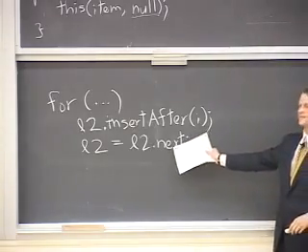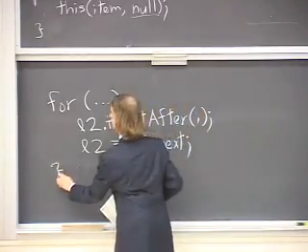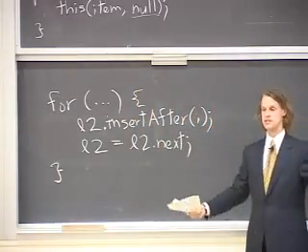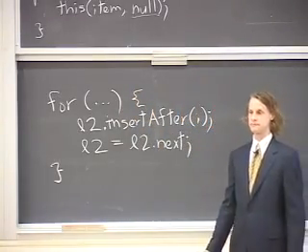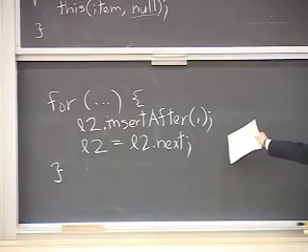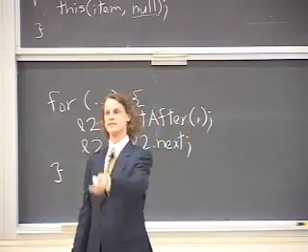Now L2 is pointing to the thing you just created, and now you can insert another list node after that and do it in forward order and do this as often as you want. So if you want to do them in forward order, this is the natural way to do it. Other questions? Yes?